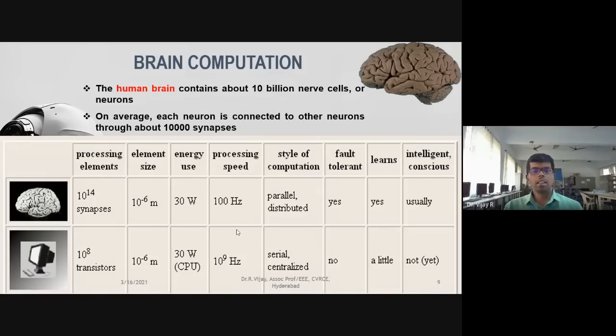The human brain also uses 30 watts, and its processing speed is 100 hertz. Here, the computer's processing speed is 10 to the power of 9 hertz. So your computer is somewhat faster, because we are just thinking about where I kept that pen drive or that mouse, so my processing speed is a little slow.